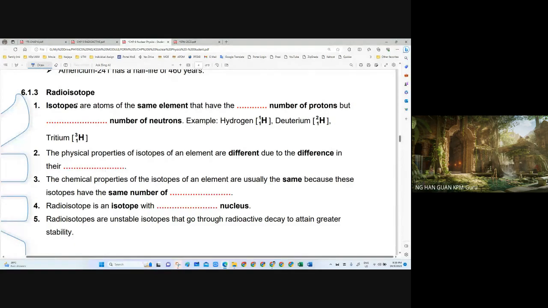When releasing an alpha particle, they will release the same alpha particle. They only have different half-lives because of their different physical properties.